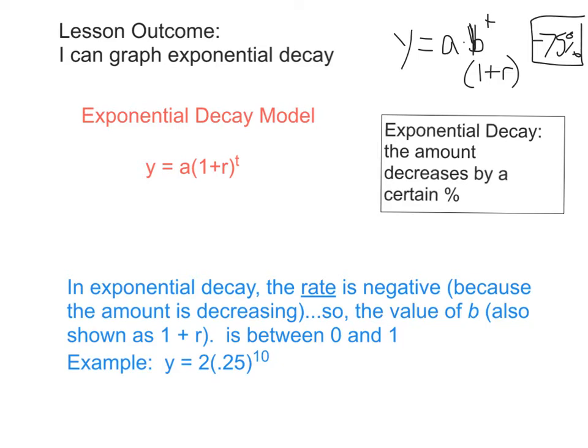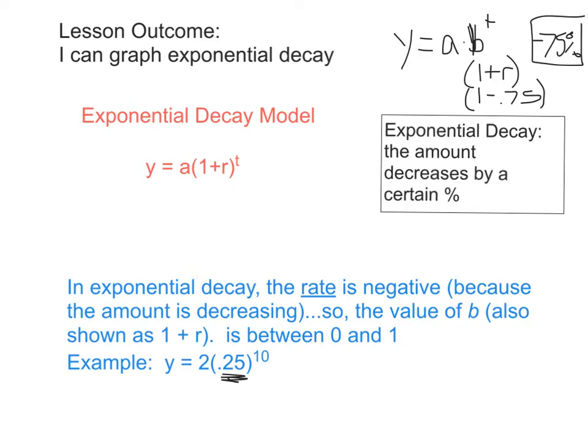If we put that in here as a decimal, you could say plus a negative or minus, so either way you want to think about it, minus 0.75. Remember, we use the decimal format of the percent. So 1 minus 0.75 is 0.25. That's where I get this 0.25 down here.